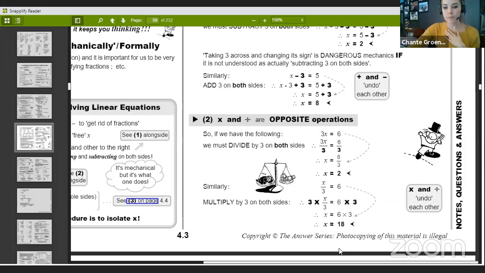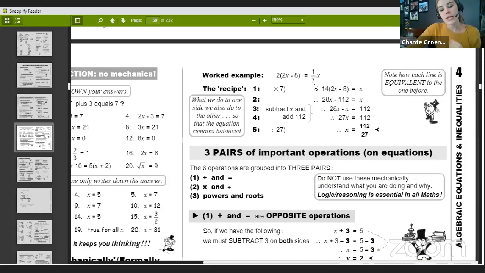Okay. Can you see here that here is a fraction and it's a 7? So what do I do if I want everything to be the same? In order for me to get this alone and get 1x, I have to times it by 7 on this side. If I times it by 7 on this side, remember what I told you?